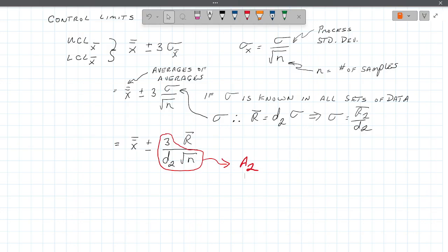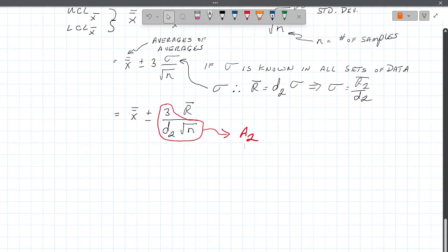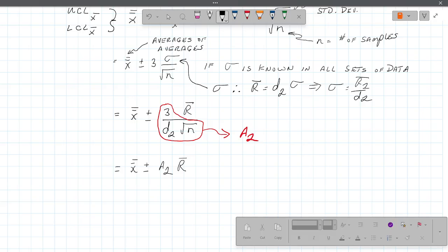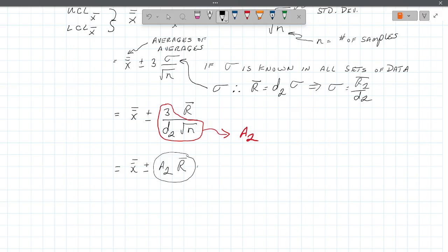Then we can make some substitutions here, and we're going to call this new set of variables A2. So A2 times R bar is our 3 sigma limit.